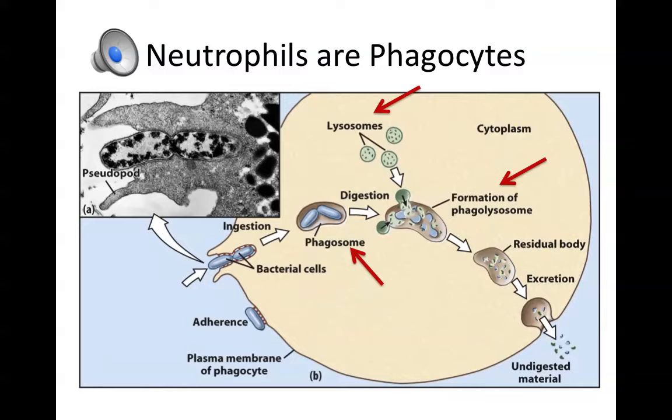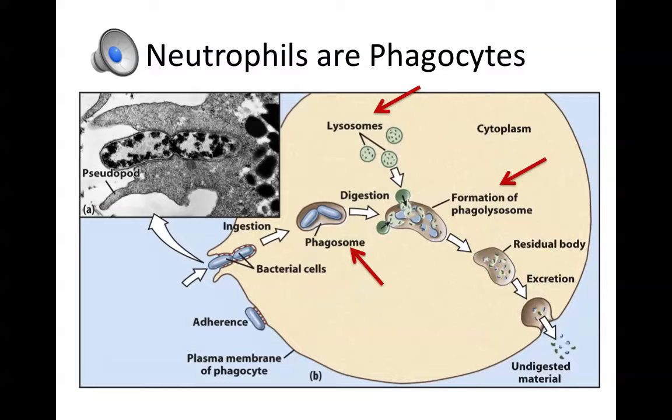The typical description of the process of phagocytosis begins with the formation of essentially a vesicle, or a phagosome, as the bacteria are brought inside of the neutrophil by a type of specialized endocytosis.